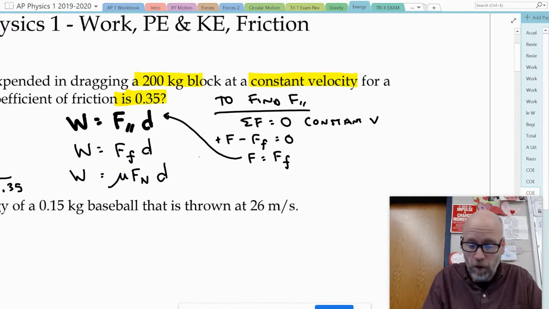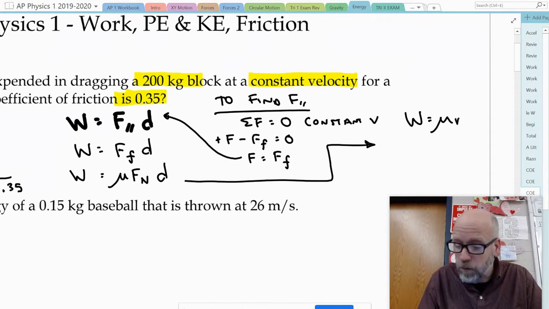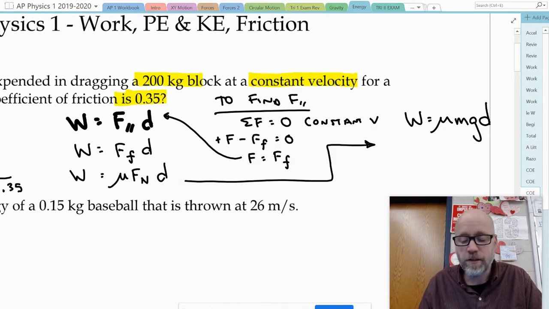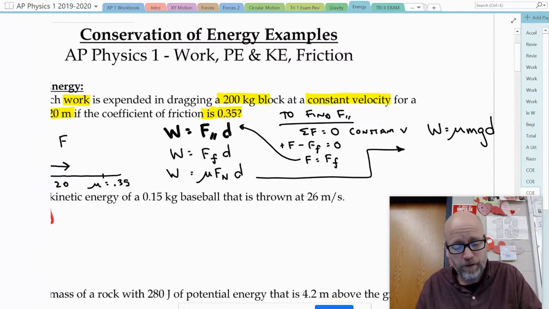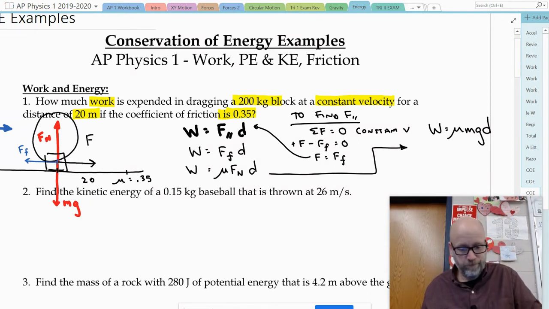Now, to keep going, what's the normal force equal to, you say? Oh, of course you already know that. Work is going to be mu, and the normal force is going to be equal to mg, all times d. I know that by looking back at my diagram, and the normal force is equal to mg.